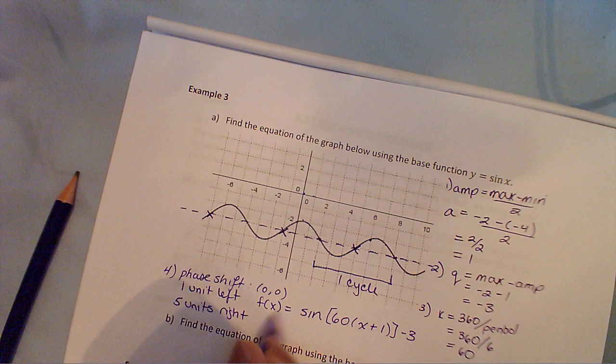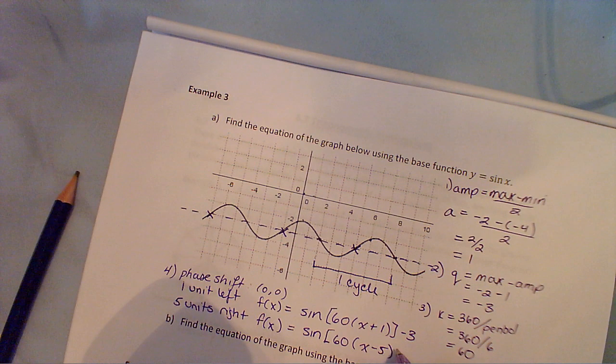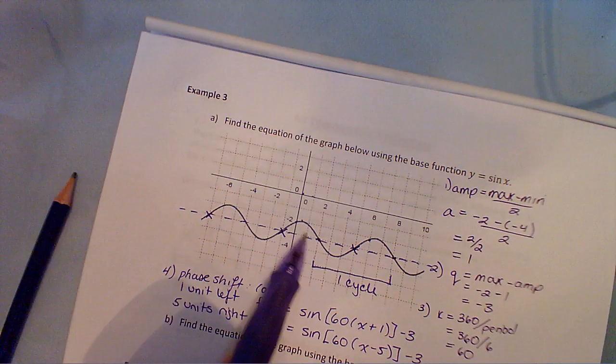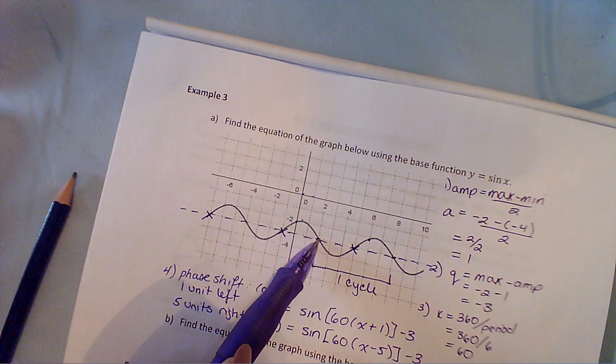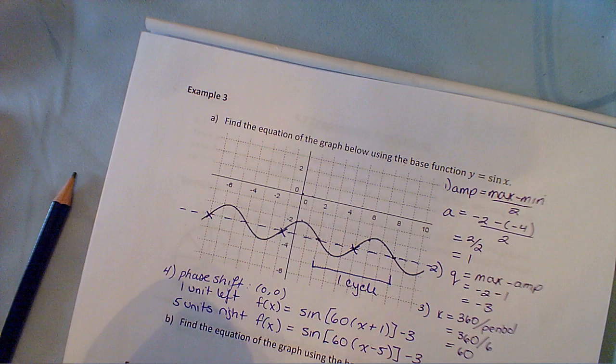If we did 5 units right, again, I'm not going to put the amplitude of 1 at the front. It's already there. Again, 60, 5 units right, x minus 5. Now, these aren't degrees. I don't know what they are, so I'm not putting any units in there. And then a -3. If you wanted to pick the beginning of the downward bump, you could have said 2 units to the right and then done a reflection in the front. You would have put a minus sign.